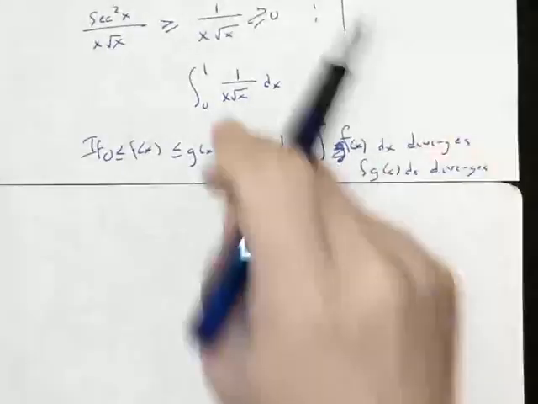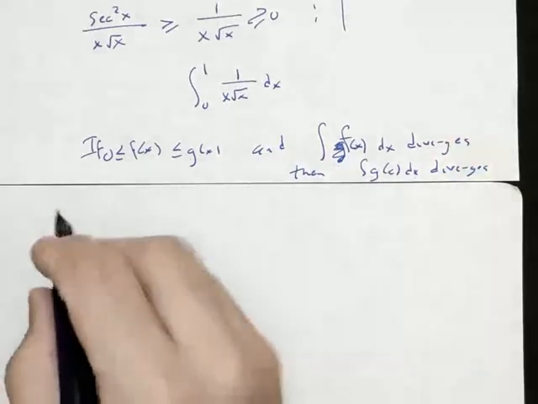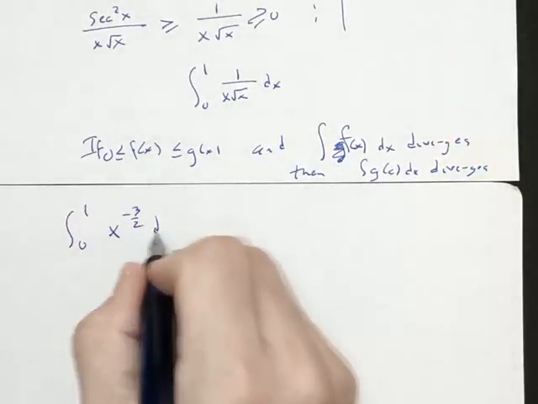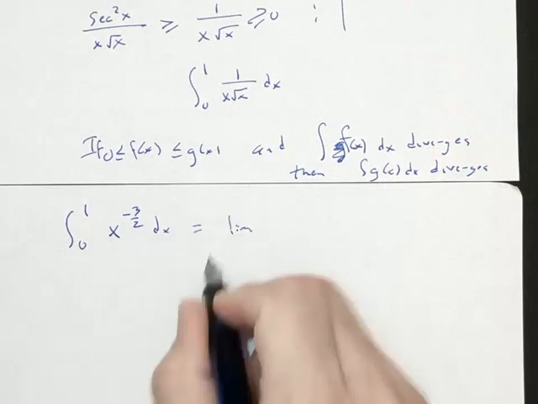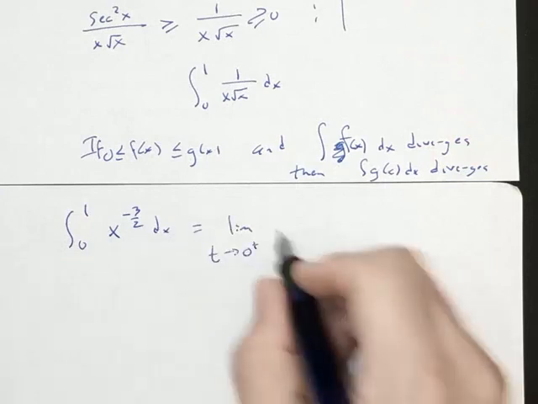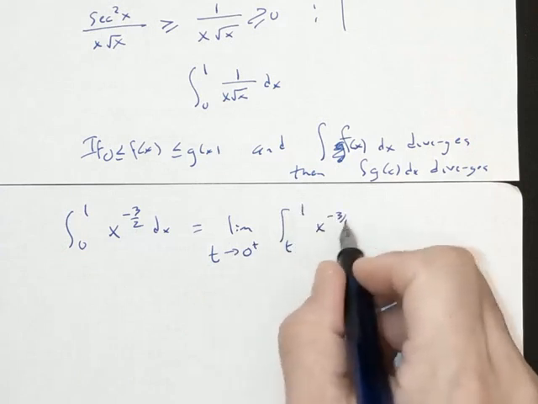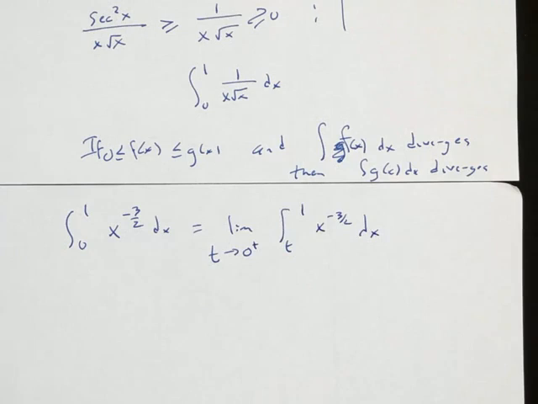So let's do this integral. First thing I do is I change my improper integral to a limit. And now, what's the antiderivative of x to the negative 3/2?